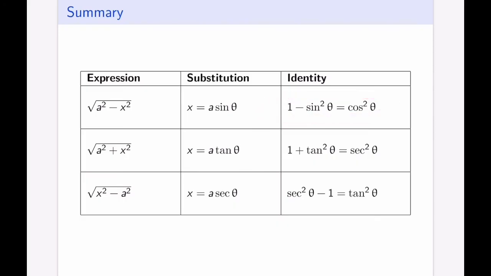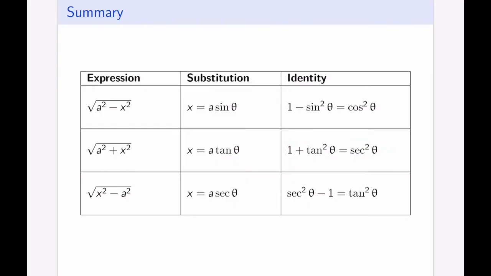If inside my integral I have a square root of some number plus x squared, then the substitution is going to involve tangent, potentially scaled, and the identity I'm going to use is the tangent squared and secant squared one.